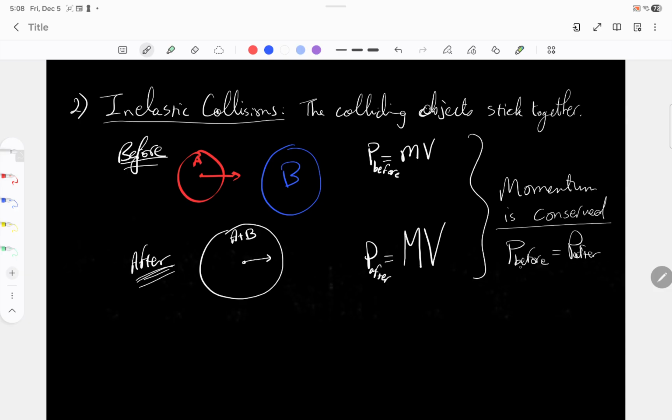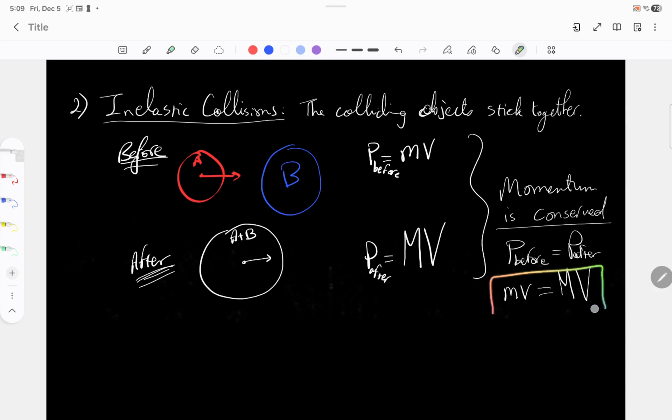So we can expand this even more and realize that the mass before multiplied by the velocity before is going to be equal to the mass of the larger object, represented by capital M, multiplied by capital V, which is the velocity of the larger object after the collision.